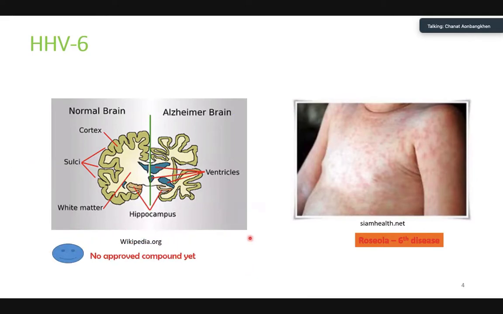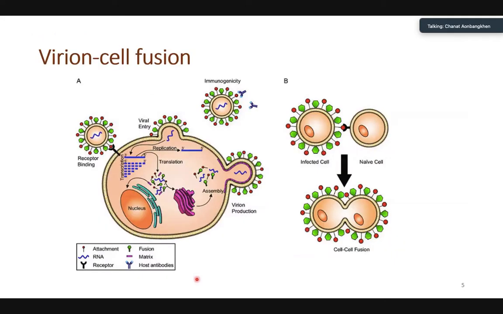Unfortunately, at the moment, there is no approved compound yet for the treatment of HHV6 virus. But basically, because HHV6 virus is an enveloped virus, for all enveloped viruses, before they can have their virulence, they will have to attach tightly to the cell receptors.